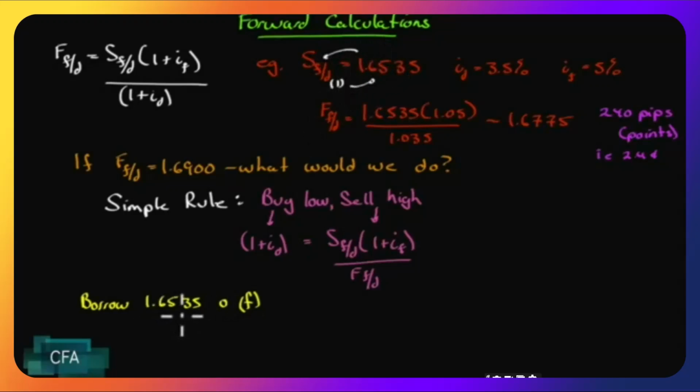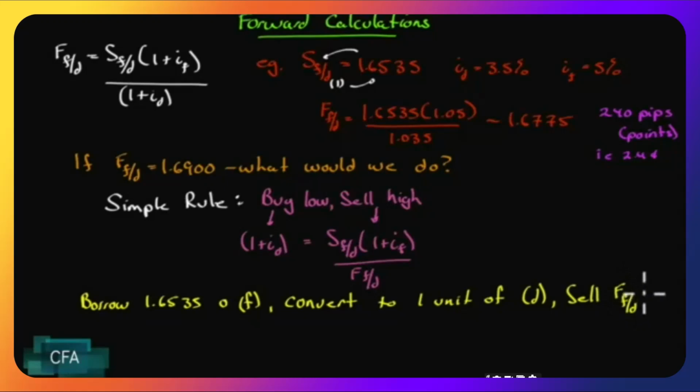So we borrow 1.6535 of the foreign currency, we convert to 1 unit of the domestic currency, and we will short the forward contract. We will sell the forward contract at 1.69.